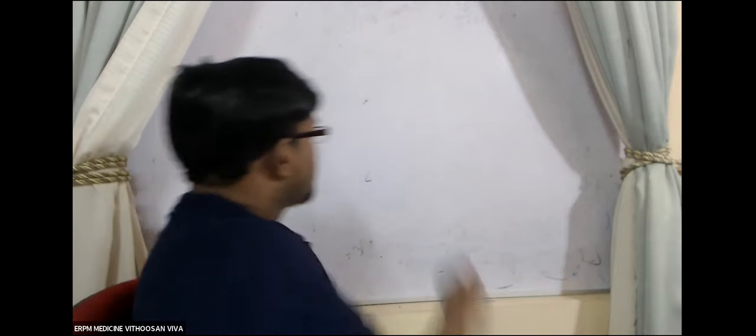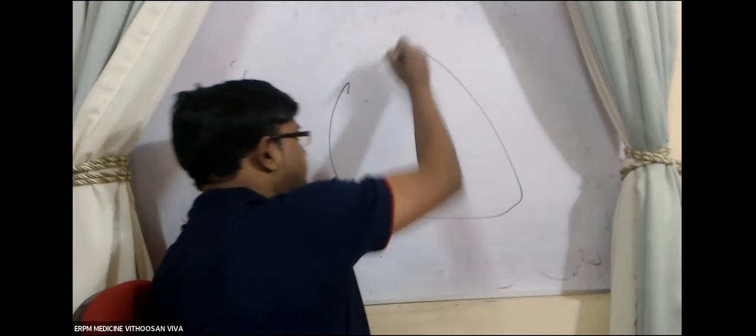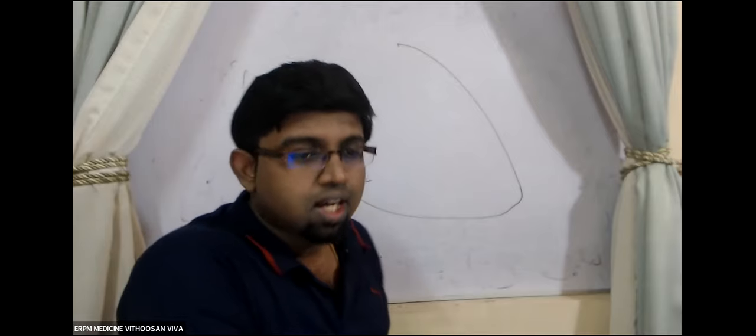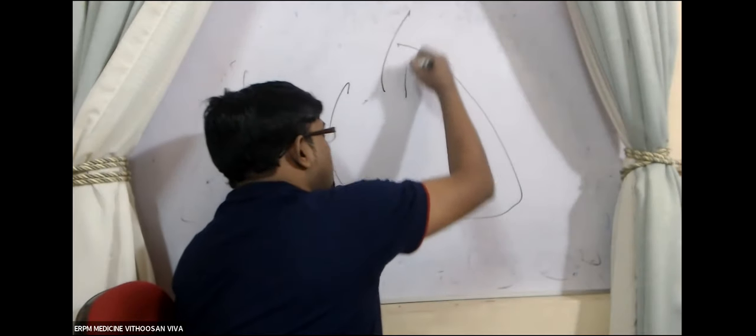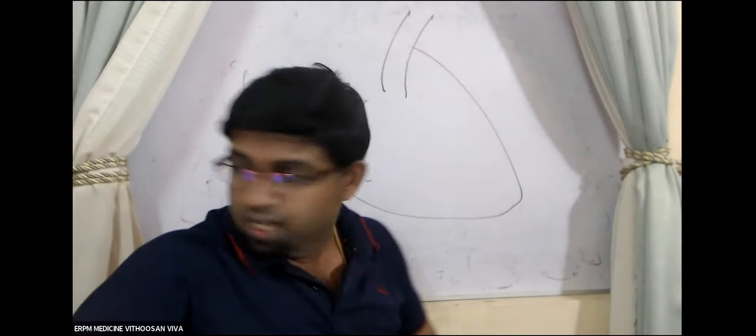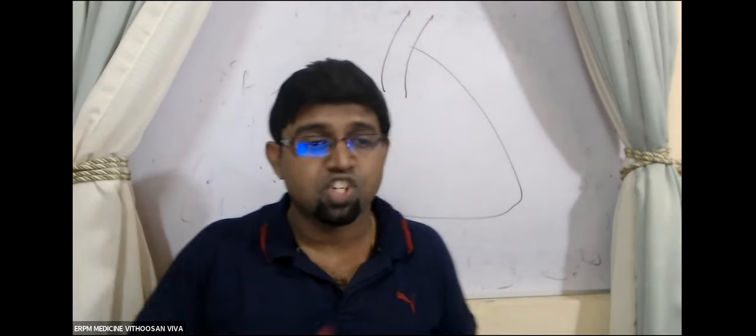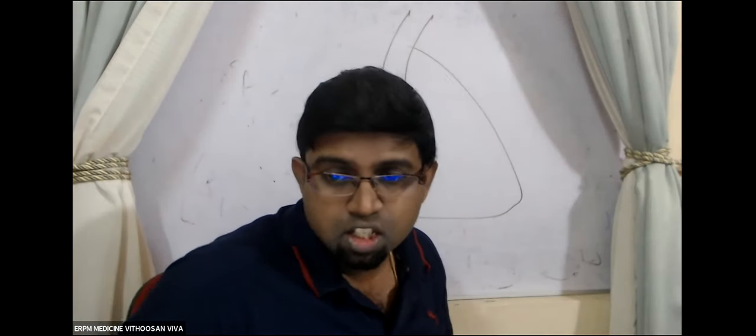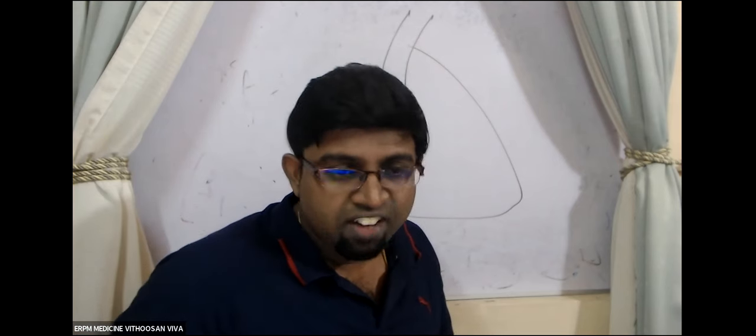Yes or no? If you look at the heart, guys, look here. From the aorta, there are 2 coronary arteries coming. What are the 2 coronary arteries? Come on, guys, start. The right coronary artery and the left coronary artery.